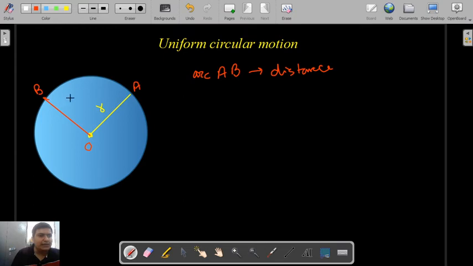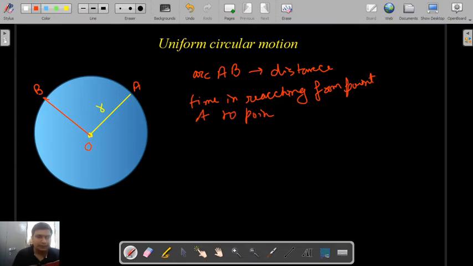Let us consider the time taken in reaching from point A to point B is delta t.